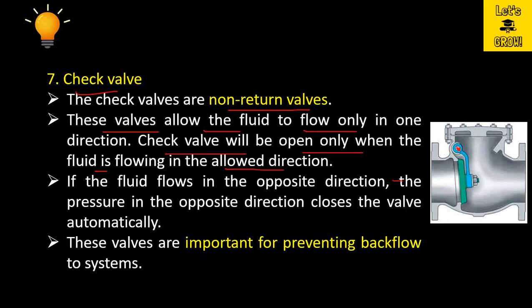If water flows in this direction, what will happen? This particular portion or obstruction will move in this direction, and water will be allowed to flow in that direction because it is hinged from here. But what happens when the flow occurs in the opposite direction, correct?